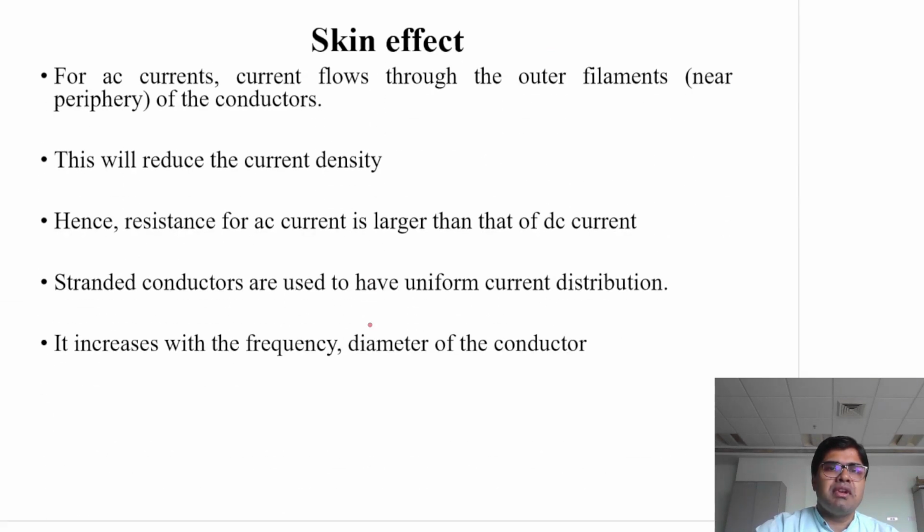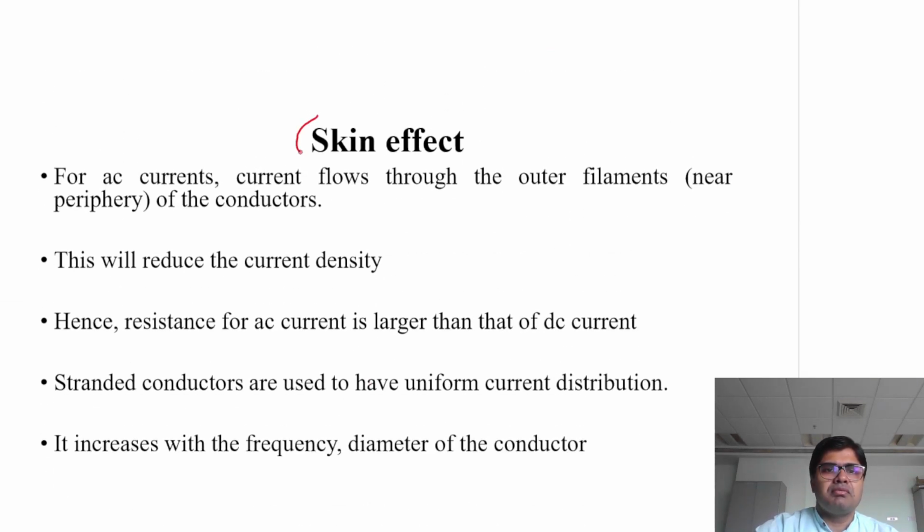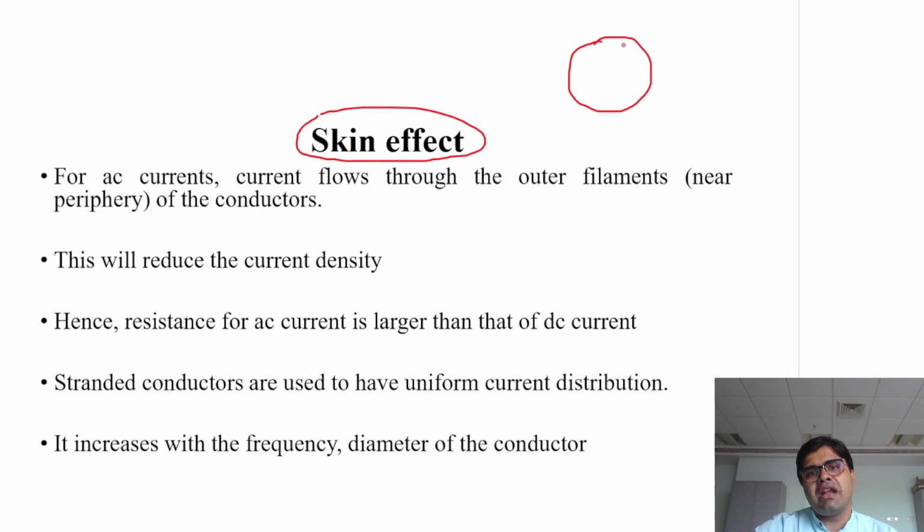Now what is skin effect? It is a very important term. What is skin effect? Suppose this is a solid conductor. If a current is flowing through this, the current tends to flow only through the peripheral part, because the magnetic flux is not uniform in the case of an AC current.